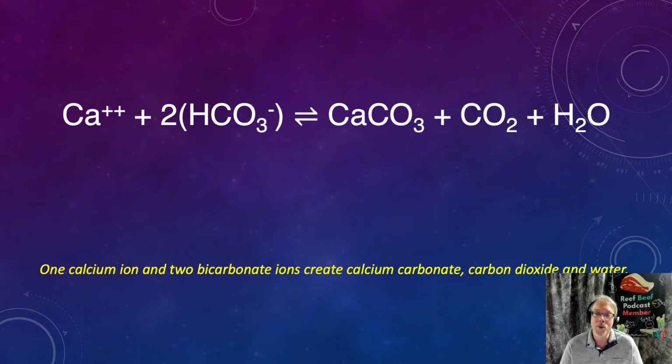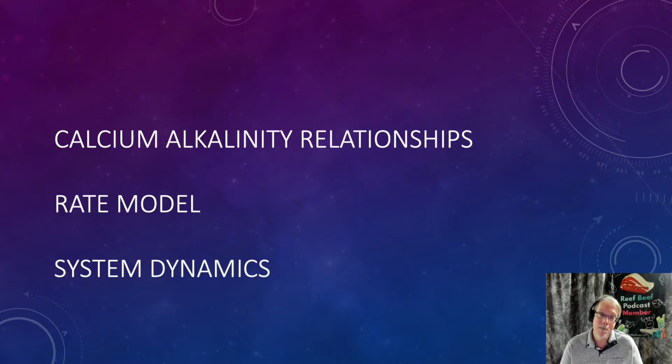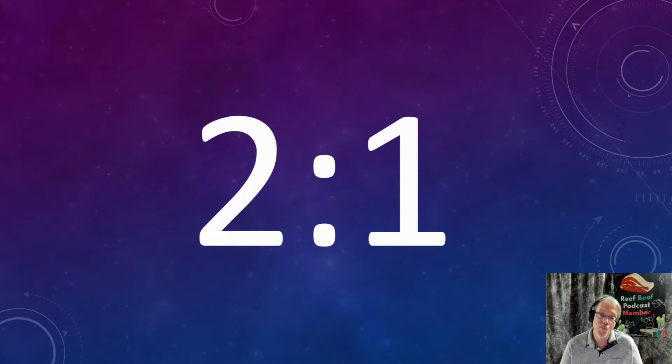So that's what happens when corals calcify from natural seawater, which has almost exclusively bicarbonate ions. So 2 to 1. That's important. There's 2 equivalents of alkalinity depleted from a reef tank for every 1 mole of calcium that's removed.